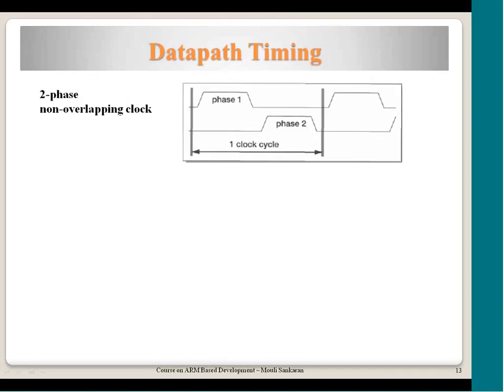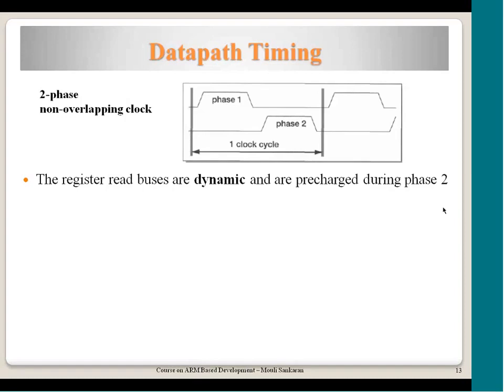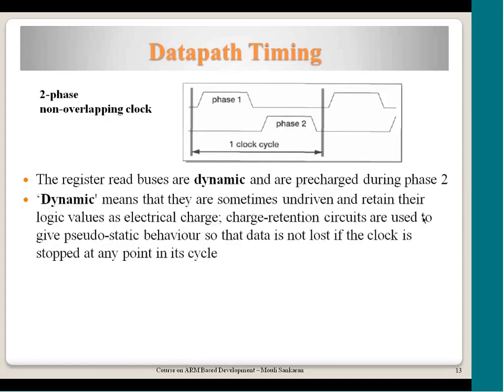Now a little bit of explanation here for your understanding. These register read buses are dynamic and they are pre-charged during phase 2. What I mean by pre-charged is that the buses connecting the ALU and the register file are of a special nature and are called dynamic because the buses get pre-charged, and then when a particular register drives them, based on the register content, either 0 or 1, the pre-charged bus gets discharged wherever the zeros are, and then the result gets latched at the beginning of the next clock.